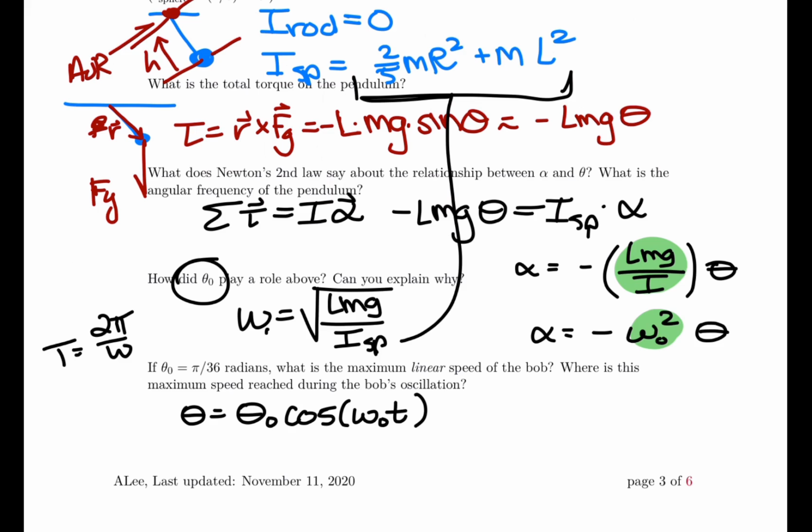If I call this theta naught, and omega naught the natural frequency. Unfortunately, the symbols get reused here. So then the angular velocity, unfortunately also given by omega, is negative this natural frequency times theta naught times sine of omega naught t.